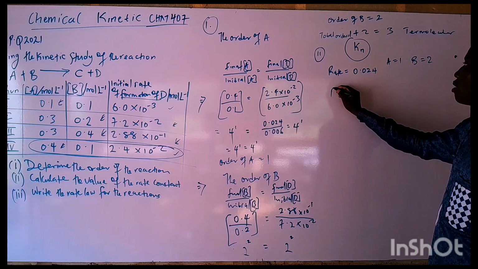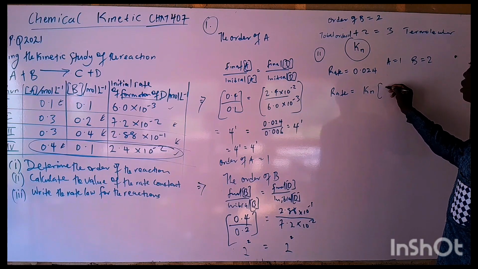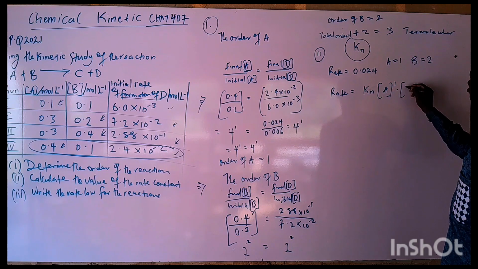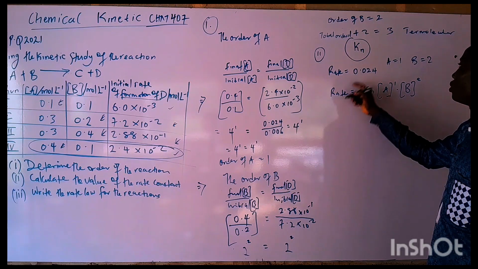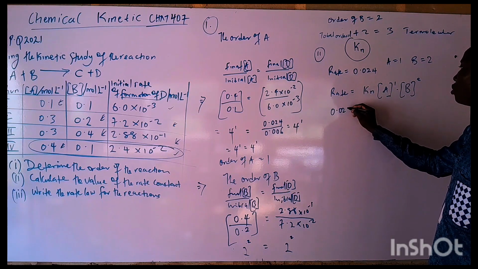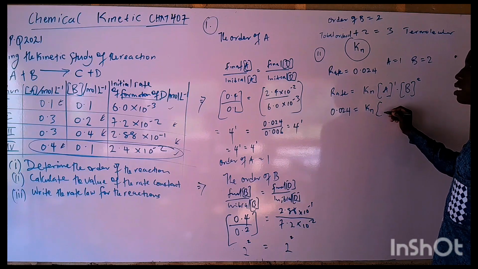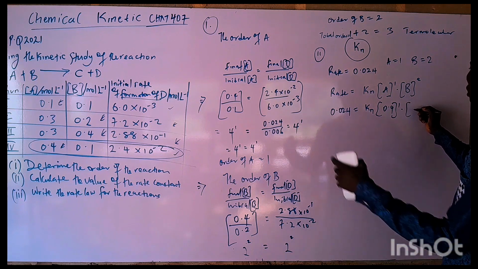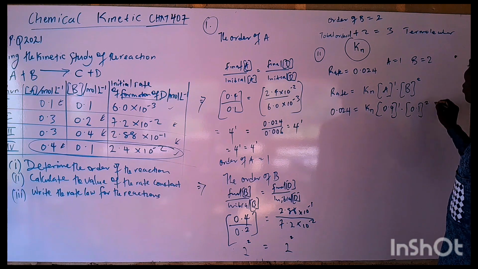Then we say that our rate equals Kn into bracket A raised to power 1, followed by B raised to power 2. So rate is 0.024 equals Kn, then into bracket, our A from that question is 0.4 raised to power 1, followed by our B is 0.1 into bracket, raised to power 2.